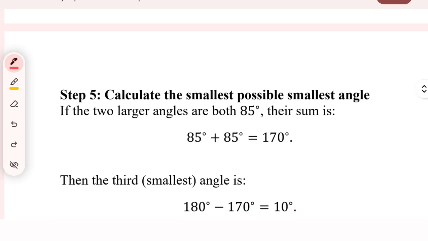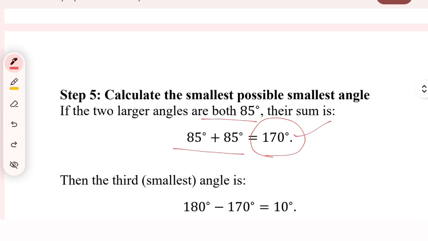So calculate the smallest possible angle now. We know that the other two have the maximum angle of 85. So 85 plus 85 is 170 degrees already. Because we assumed them to have the largest possible angle, which is 85, the summation of their angles is 170 already. What do you think should be the smallest angle?